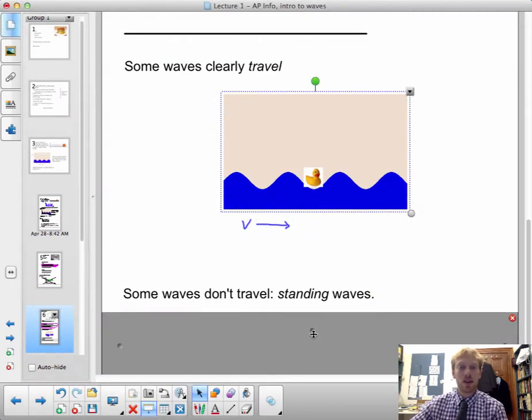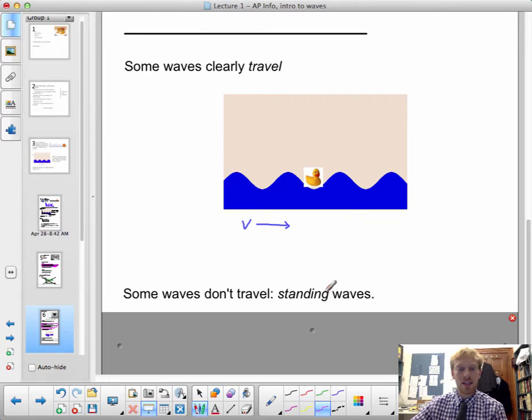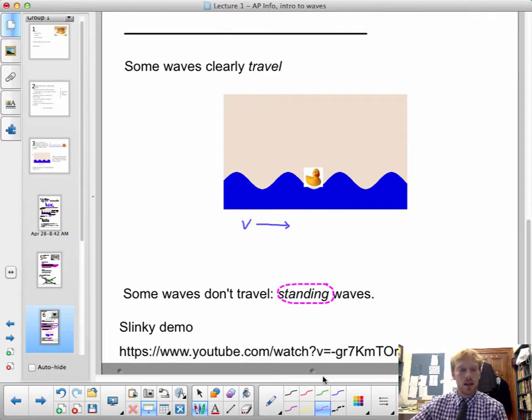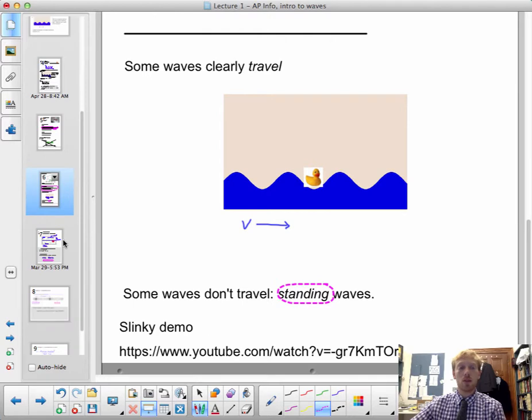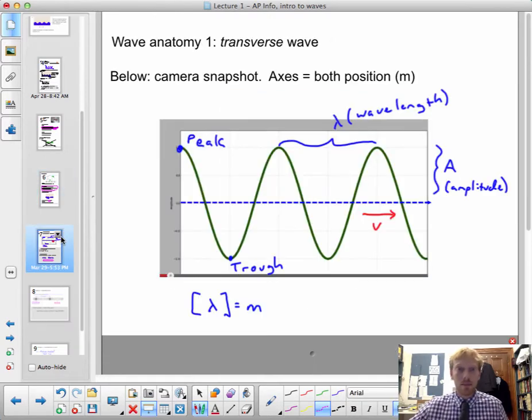A standing wave is a wave that doesn't clearly travel in one direction or more. This is the video that we went to, and we'll talk more about standing waves in the classes to come.